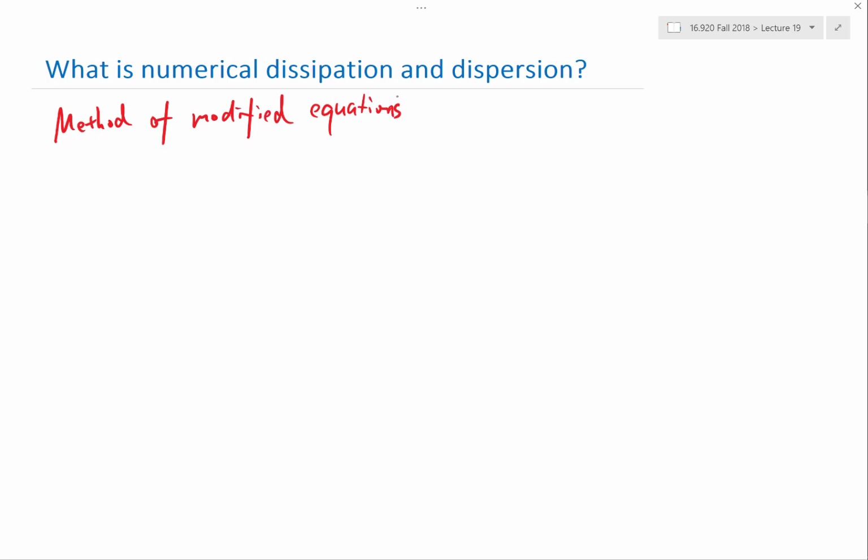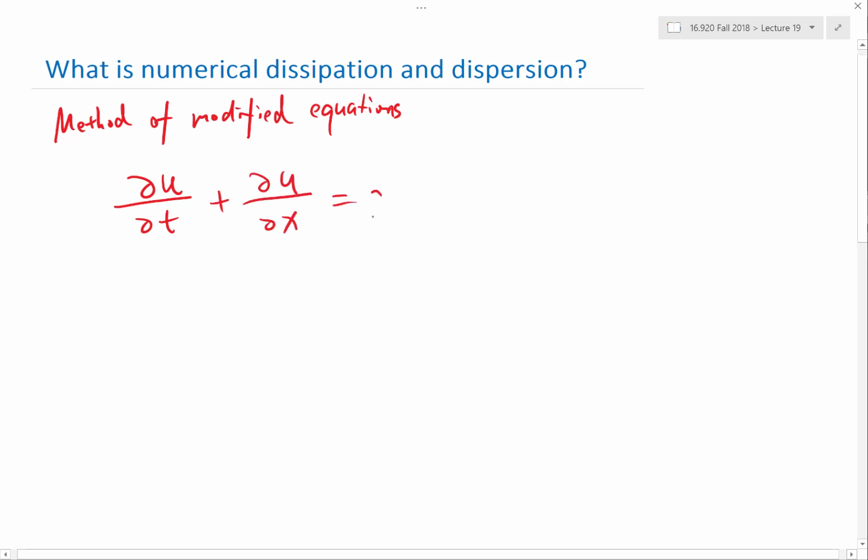So a primary way of analyzing numerical dispersion and dissipation is in looking at this very simple linear advection equation. du dt plus du dx equal to 0. So everybody by now should know what's the correct behavior of this differential equation, right? Well, there should be a u in there.